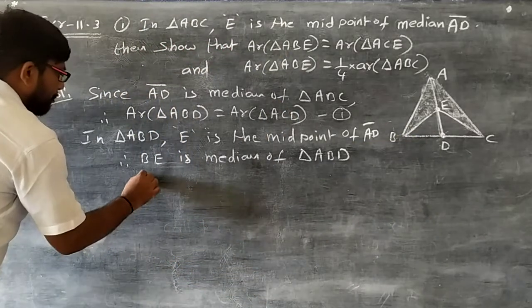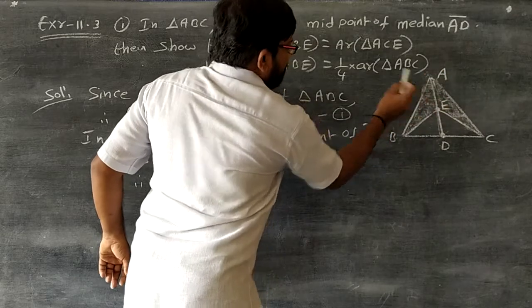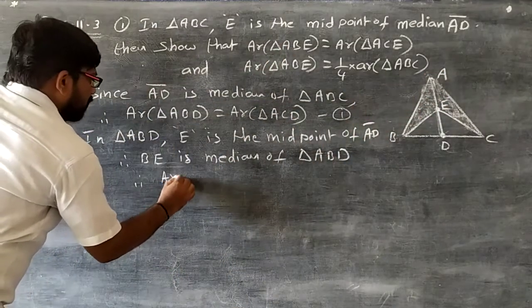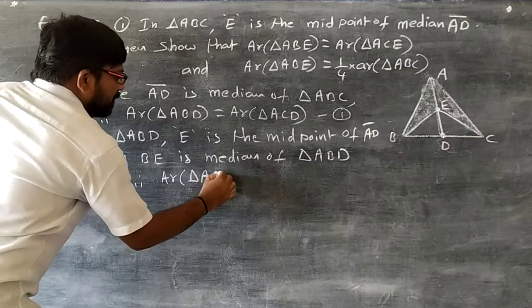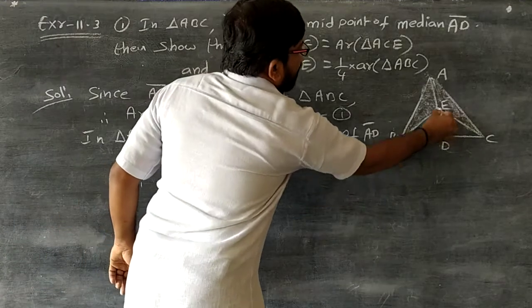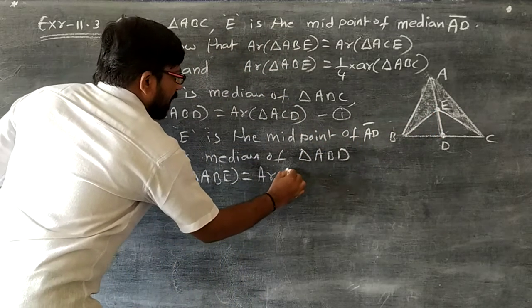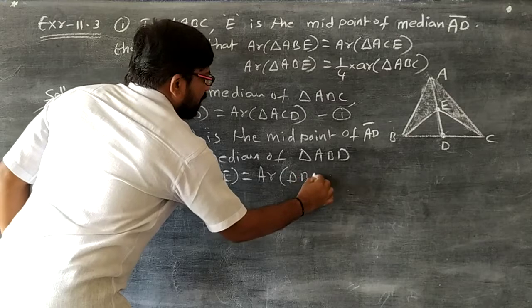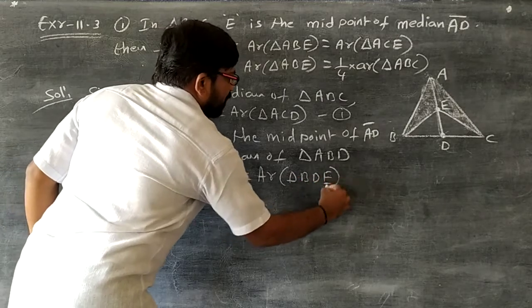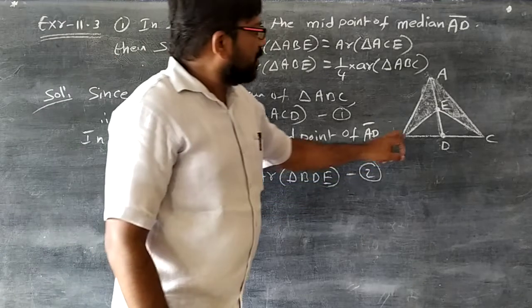So therefore, the area of triangle ABE is equal to the area of triangle BDE, right? These two are equal in area. Call it equation 2.